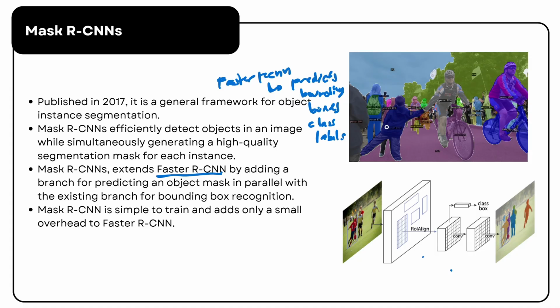So this means we don't just know what and where an object is, we also know which exact pixels belong to it. Here's how it works.